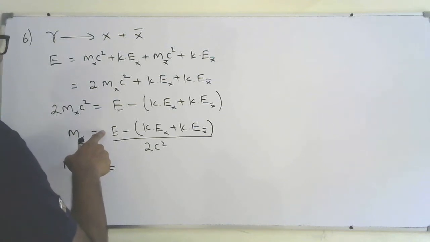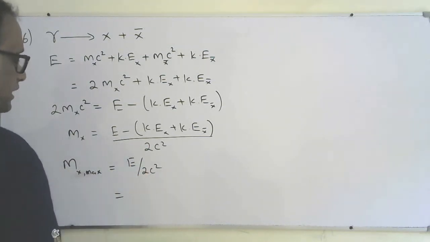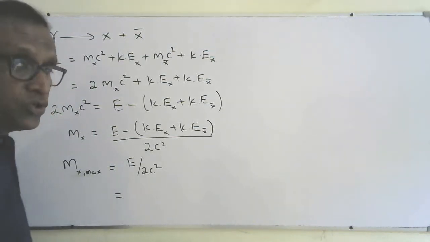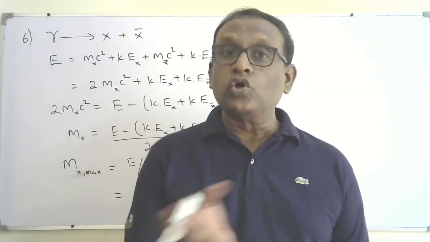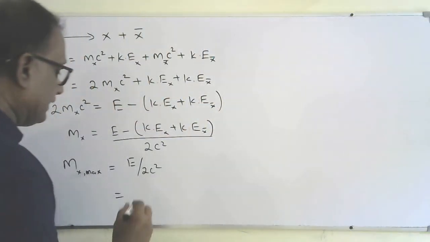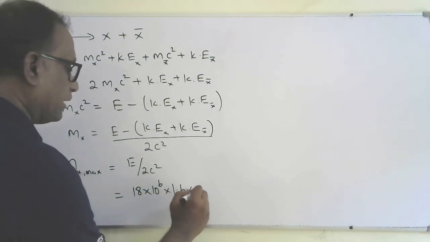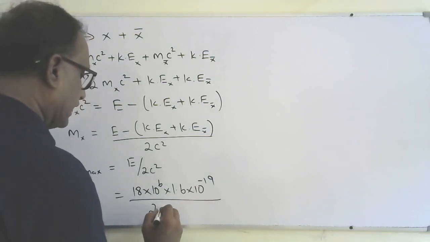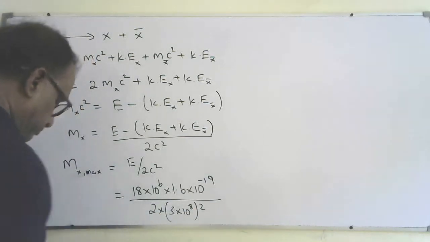So that means energy over 2c squared. Now substitute energy, given as 18 mega electron volt. To find the mass in kilogram, I need to convert the mega electron volt to joule. So 18 into 10 to the power 6 electron volt times 1.6 into 10 to the power minus 19, over 2 times 3 into 10 to the power 8, all this squared.